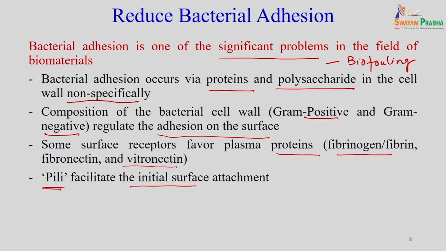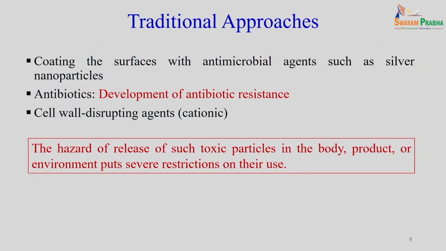Now, if you want to reduce or minimize this bacterial adhesion, we have to stop or inhibit these interactions. The traditional, or classical, approach is coating with antimicrobial agents, like silver nanoparticles.